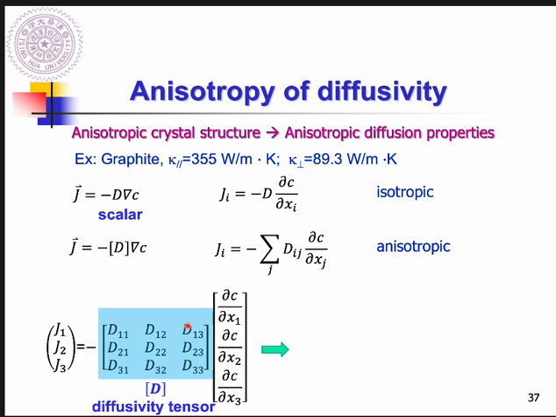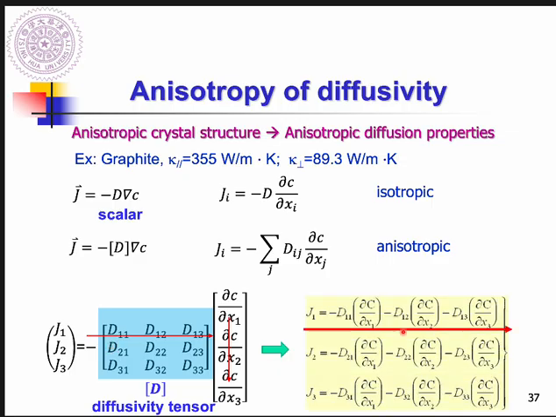Based on having different diffusivity along X, Y, and Z, you will get a different flux along X, Y, and Z. So when you write down the flux along X, you can get this. And for the flux along Y, you will get this times this, then plus this times this, and the negative term. And the last one will be the same idea: this times this plus this times this plus this times this, and don't forget the minus.